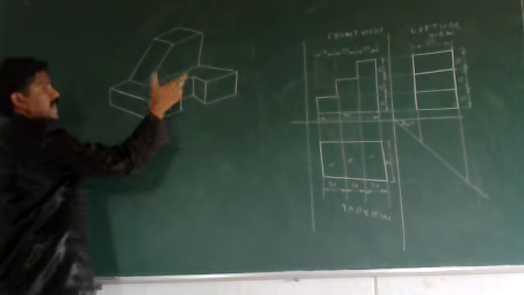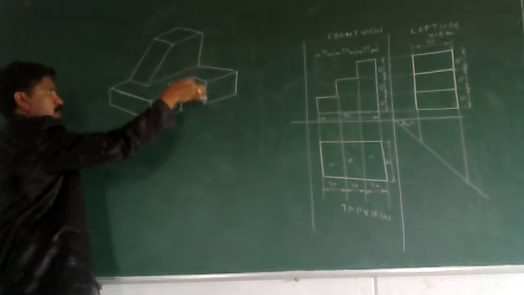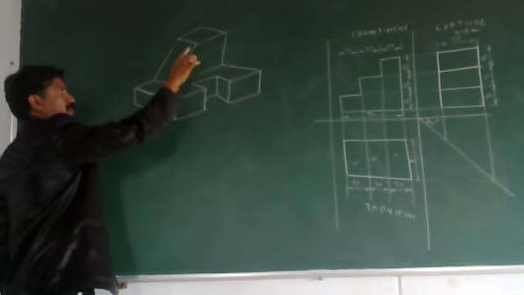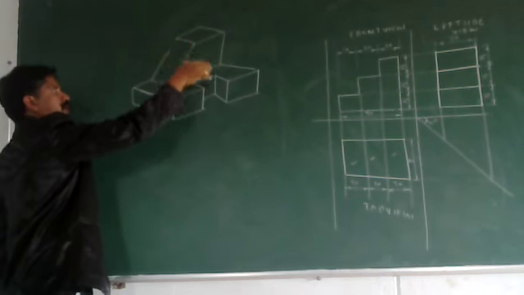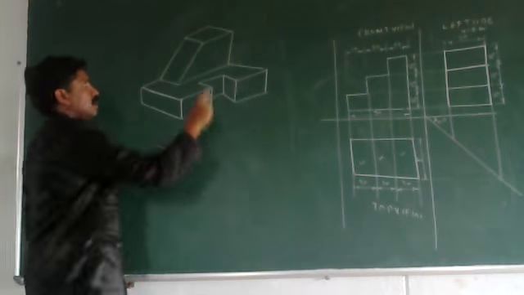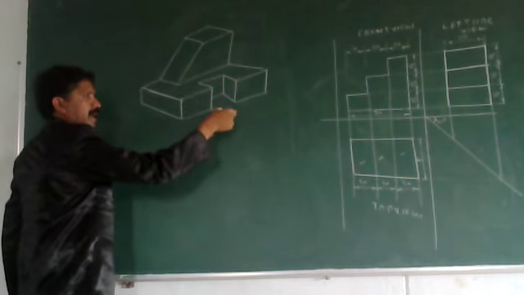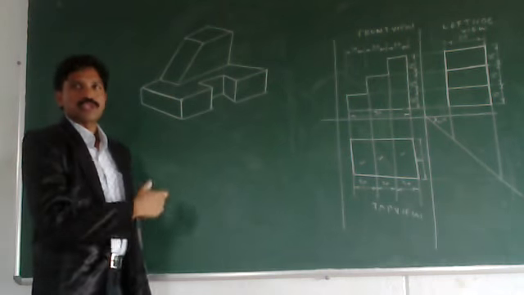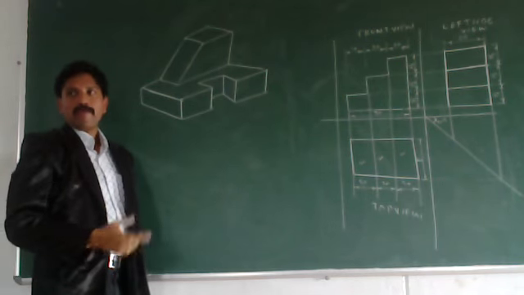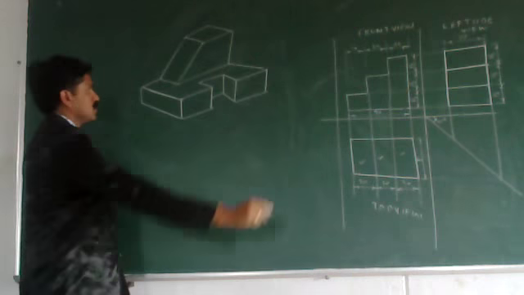See this. There is a flat, and in that flat there is a groove. Behind the flat, at the back side of the flat, there is an inclined wall. So this is the inclined wall, and this is the base. In that base there is a rectangular groove. This is usually available in previous question papers.